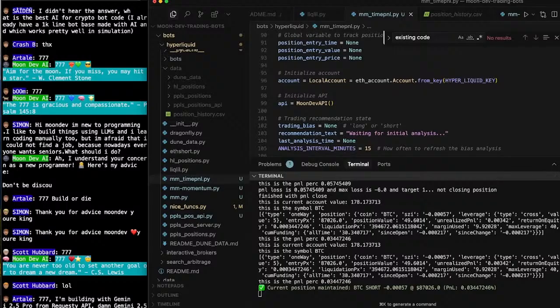Okay, so you can see here, I asked a question about how this works. Let me break down how the bot exits positions based on time-based profit metrics. The core of this logic is in the PPM close, profit per minute, function which is called before the traditional P&L close. The position exit logic happens in a few key steps.